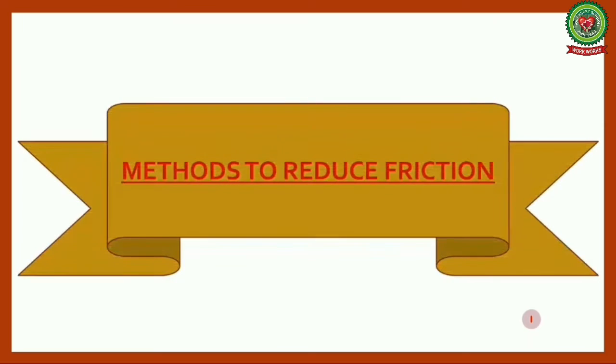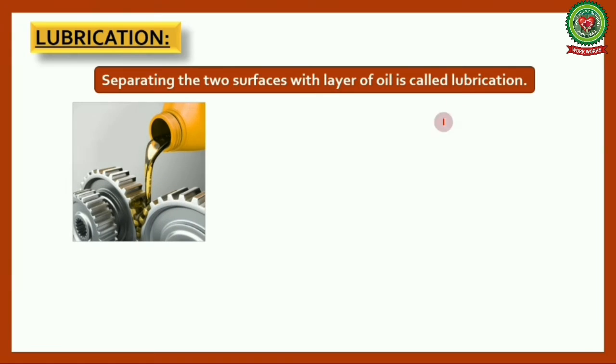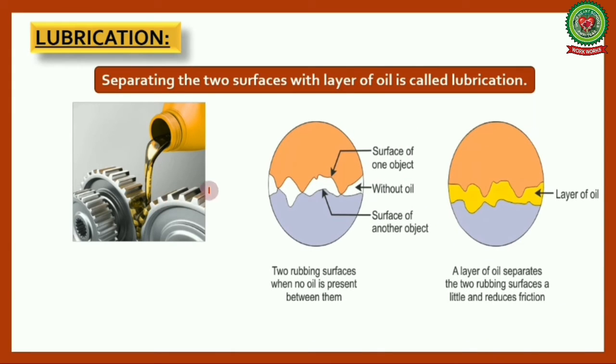So let's see what are the methods to reduce friction. The first one is lubrication. Separating the two surfaces with a layer of oil is called lubrication. So you might have seen that we used to oil our machines. So actually what happened, we can see here two surfaces, surface of one object and this is surface of another object without oil.